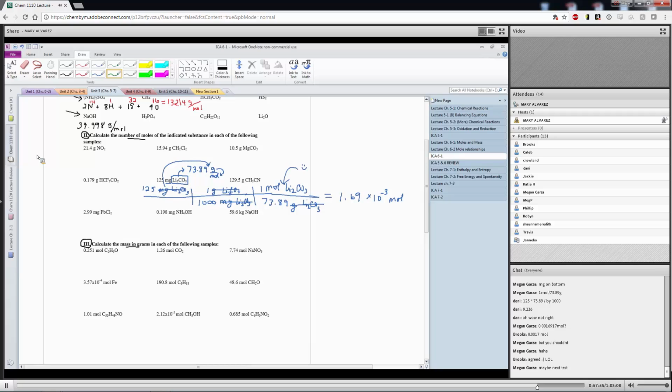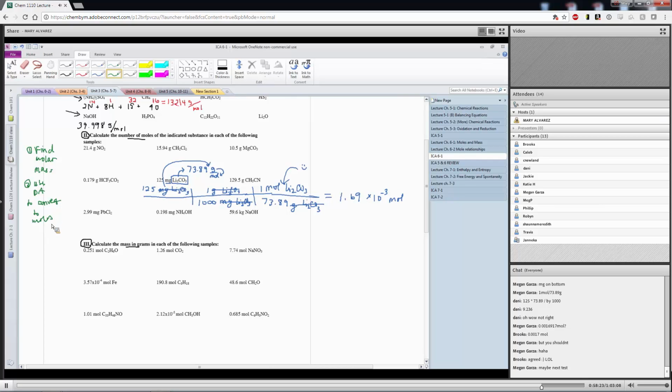So the description here would be: 1, find the molar mass. And then 2, use dimensional analysis to convert to moles. That's what we did, okay?